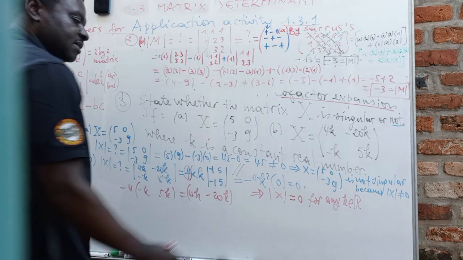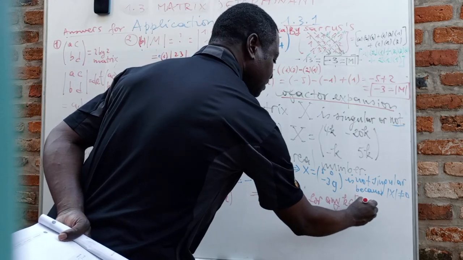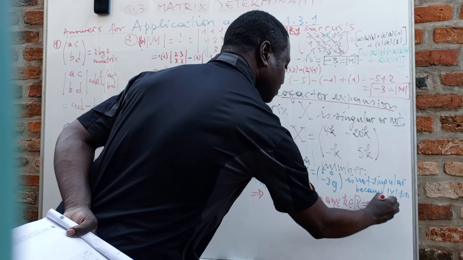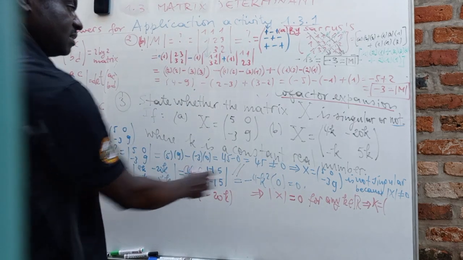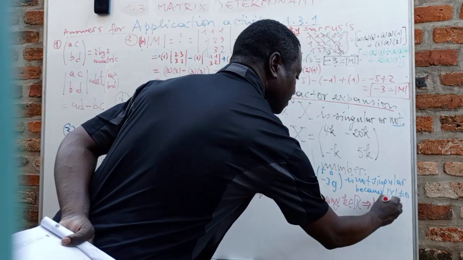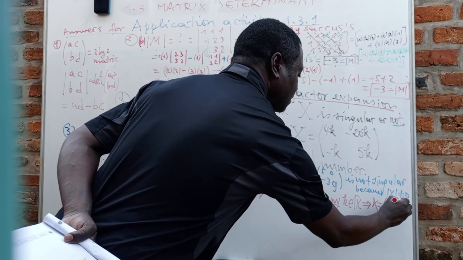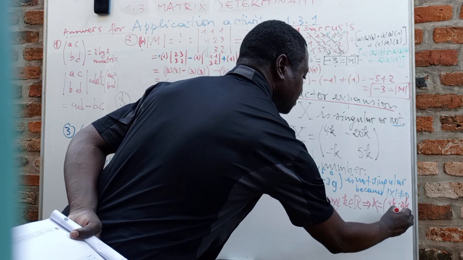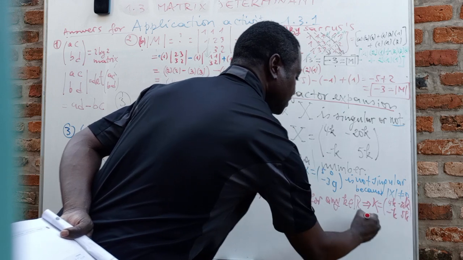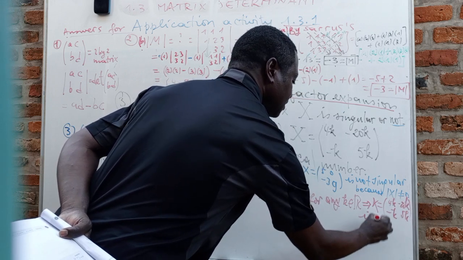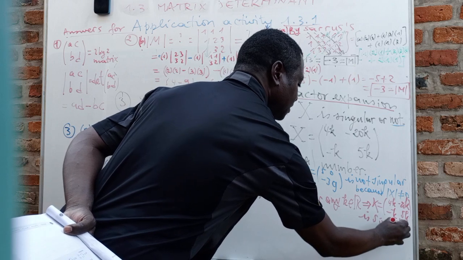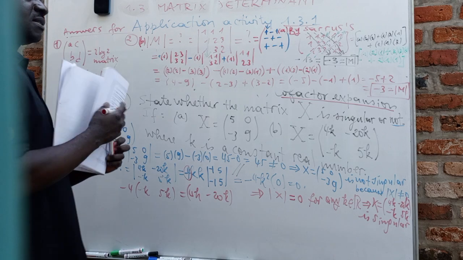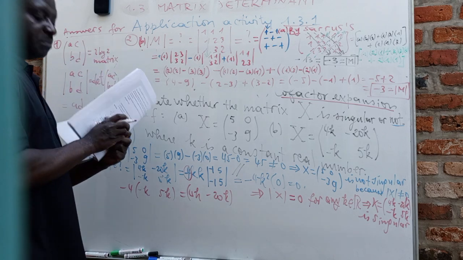So the matrix X, which is 4k, negative 20k, negative k, positive 5k, is exactly singular, which means that its rows as well as its columns are not independent.